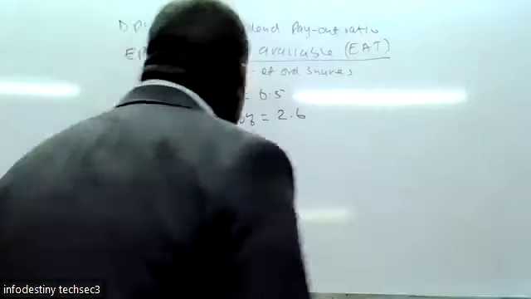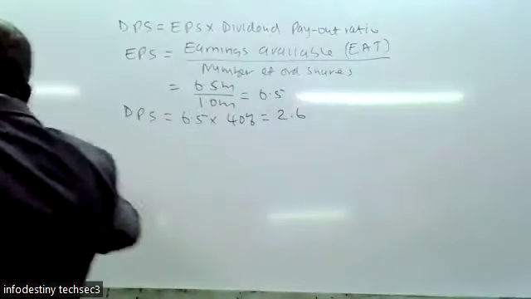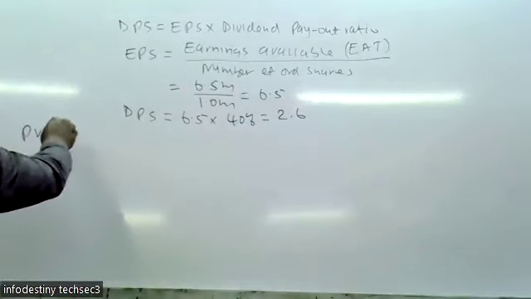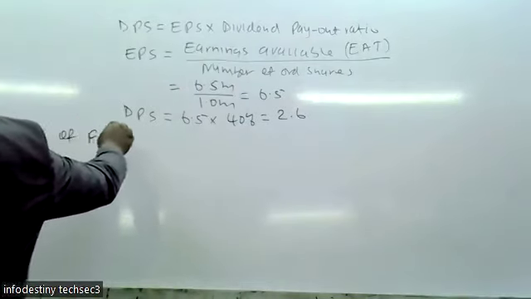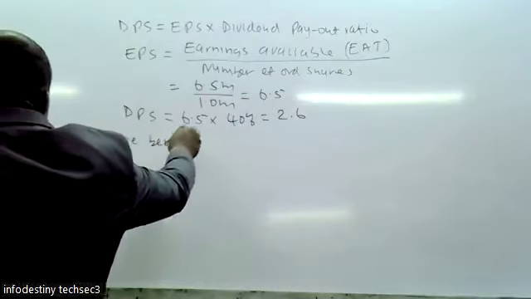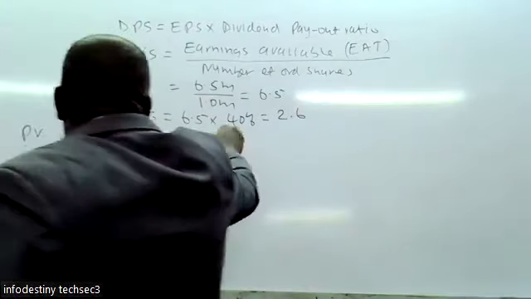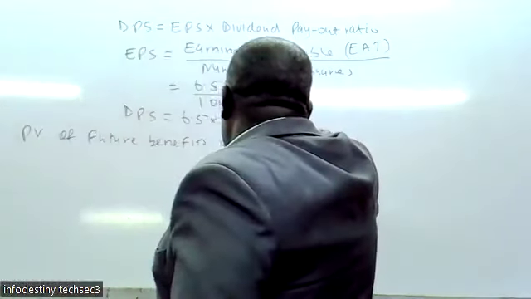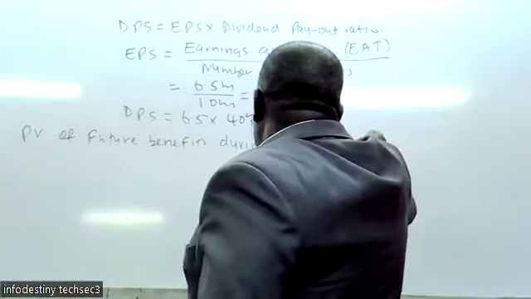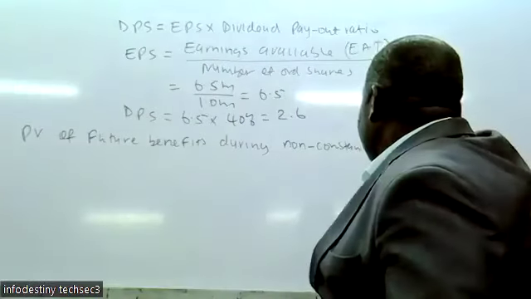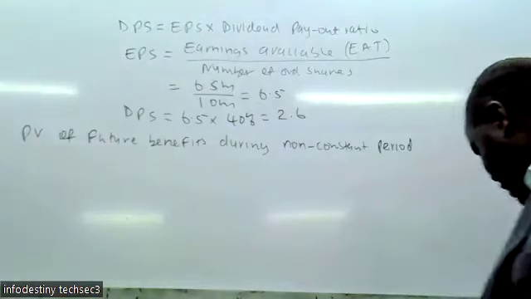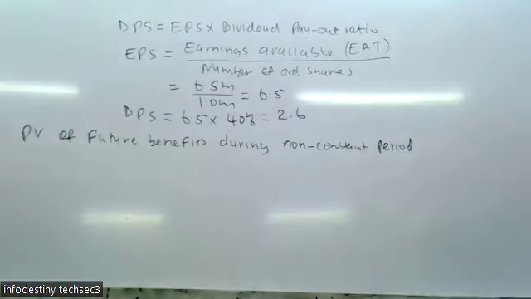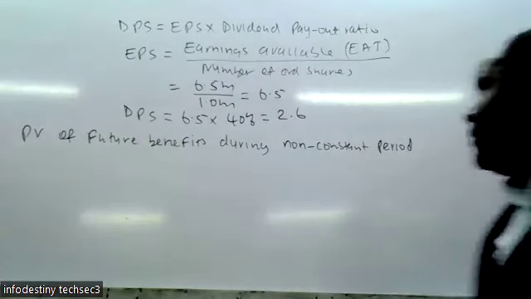So now we compute present value of the future benefits during the non-constant period. Now get the present value for the future benefits during the non-constant period.